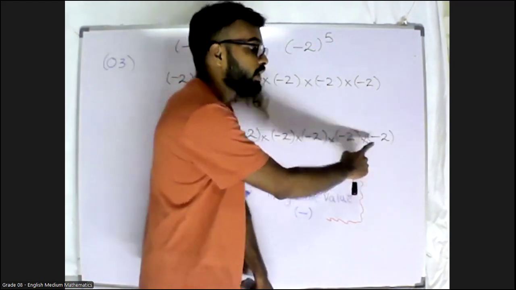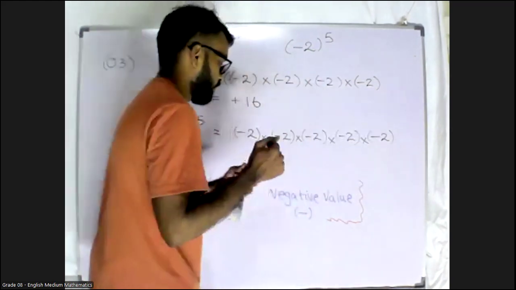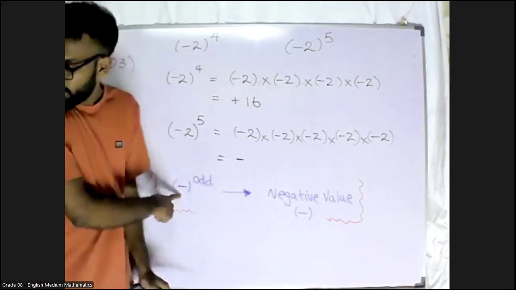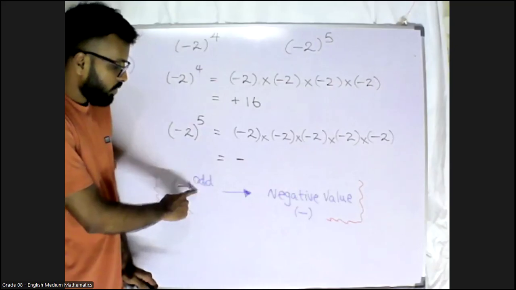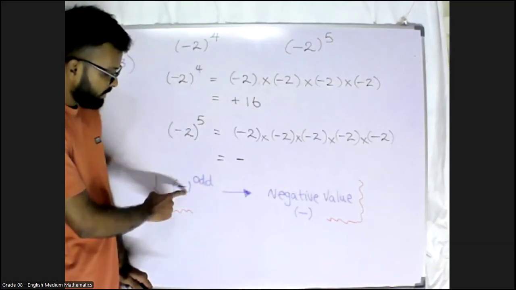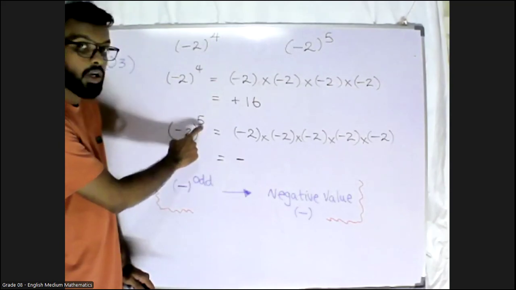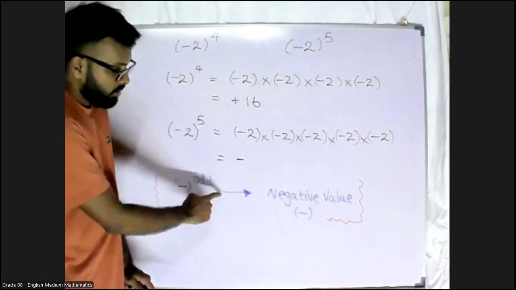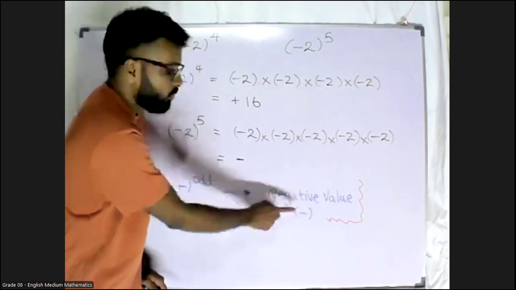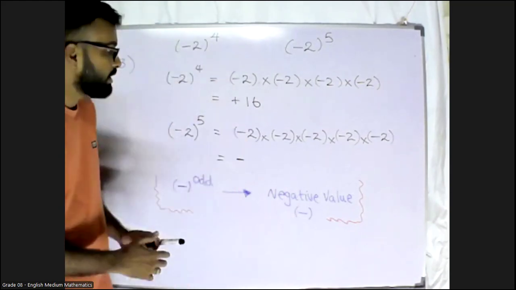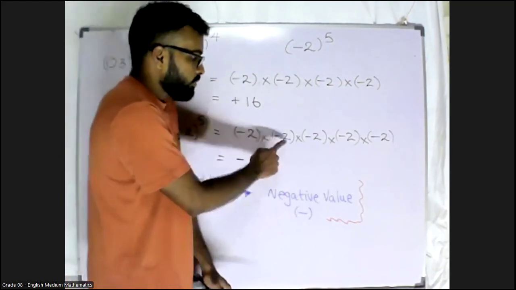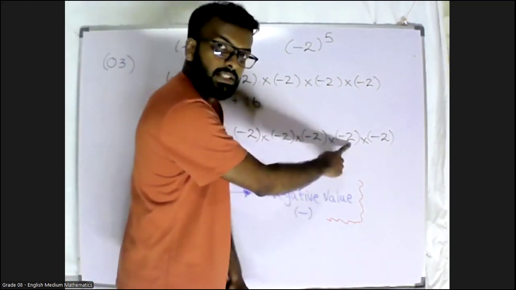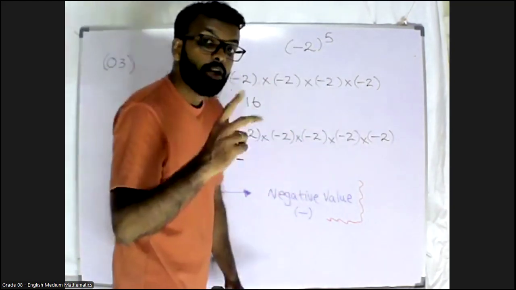Positive, positive times negative, negative. So this is correct: negative value inside the parenthesis, power is odd, the answer should be negative. 2 times 2, 4. 4 times 2, 8. 8 times 2, 16. 16 times 2, 32.